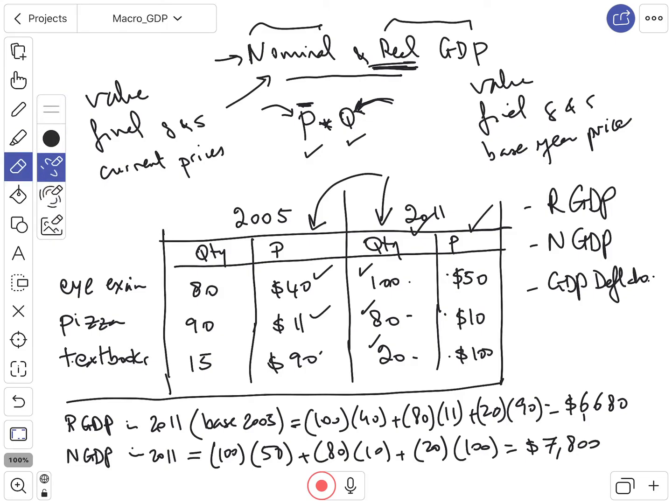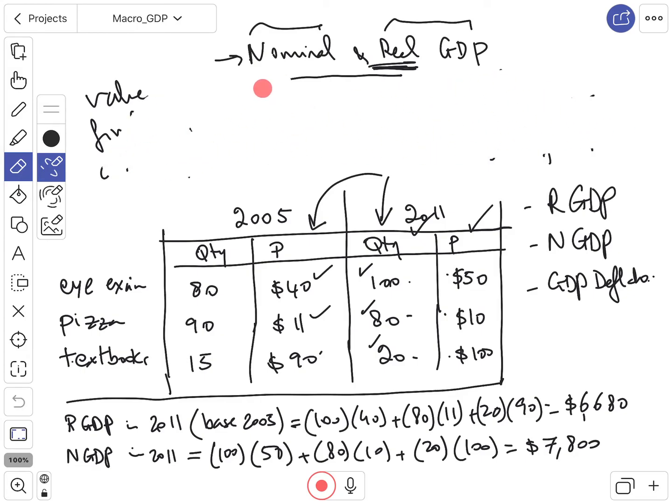Let me keep writing on the same slide so that we have the table in front of us.